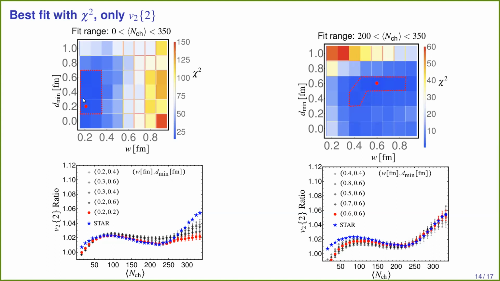Because the best fit for chi-square, when you just play with this parameter, is here. So you get a very small value for W, and no one else I know could get this. And of course, when you go to very central collisions, you see it's very off. So it shouldn't be correct.